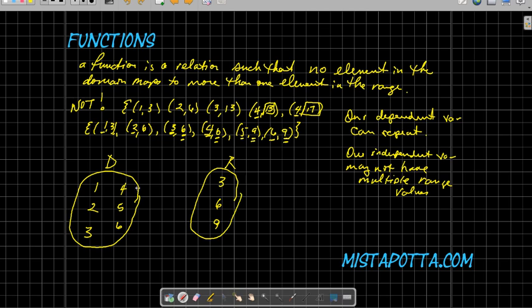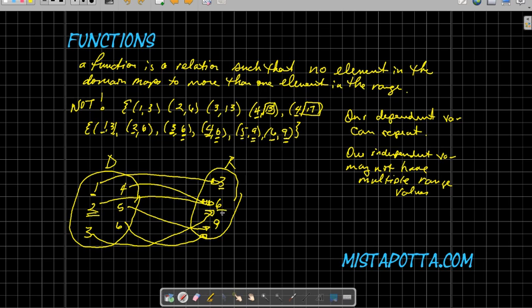And the actual mapping would be 1 goes to 3, 2 goes to 6, 3 also goes to 6, 4 also goes to 6, and then 5 goes to 9, and 6 goes to 9. Notice that every element of my domain has one target that it hits in the range. That's really the essence of having a function.